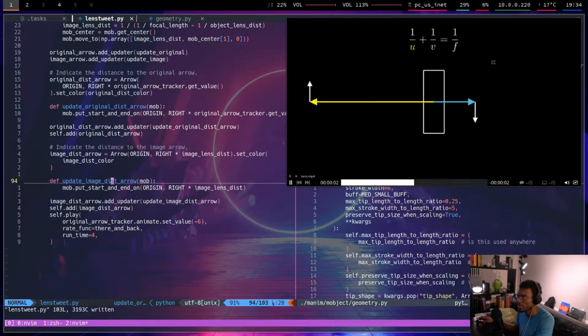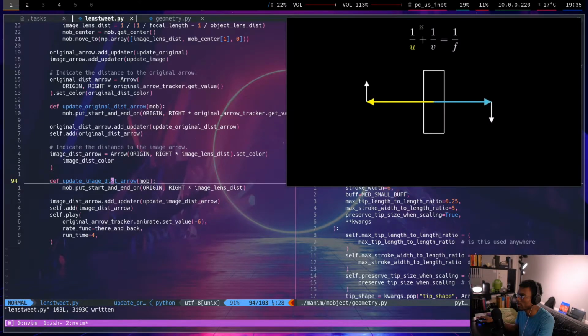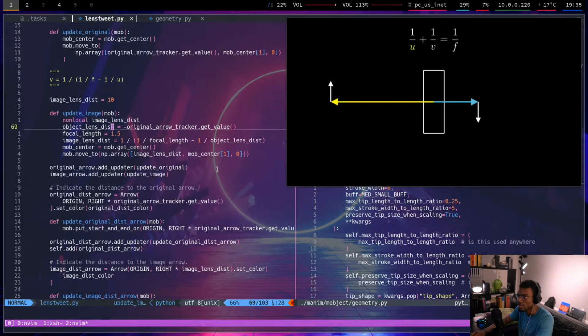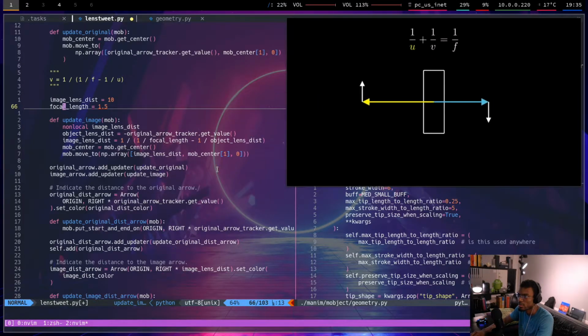Okay. So right now, I'm just using this equation alone. And I haven't made any assumptions about the equation of the lens, or the power of the lens. Right now, I'm just assuming the power of the lens is 1 over this, I guess. But I need to unpack that more. Hold on. I have to say this doesn't matter. Arrow size.